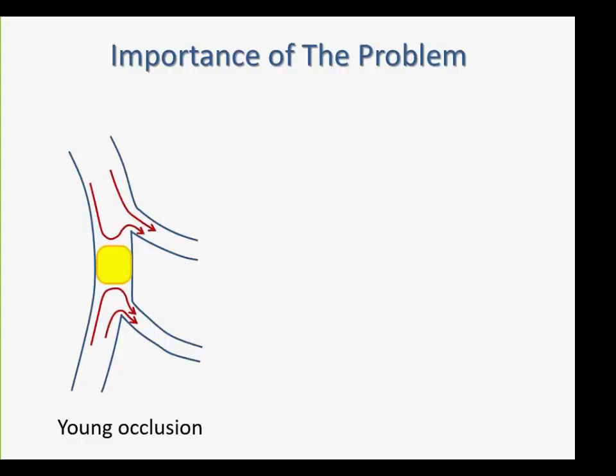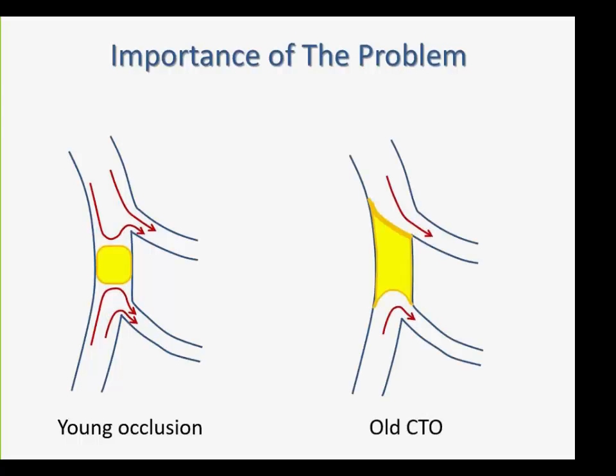However, during some weeks or months, due to the turbulent flow in the proximal and the distal stump and some stasis in these stumps, the occlusion may grow by apposition of thrombus. And the typical image of an old CTO is like on this right side cartoon.